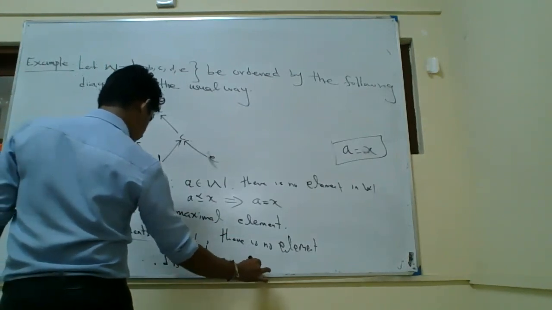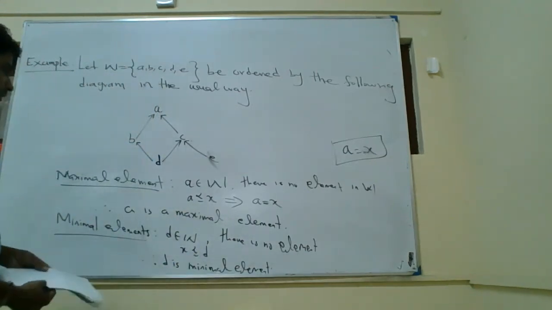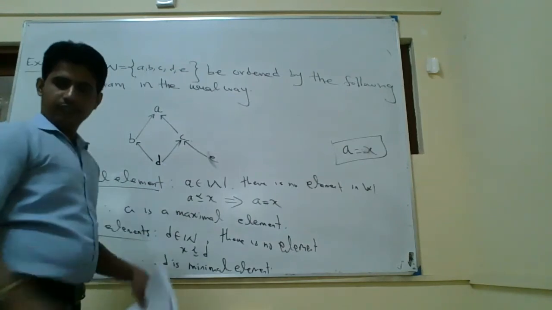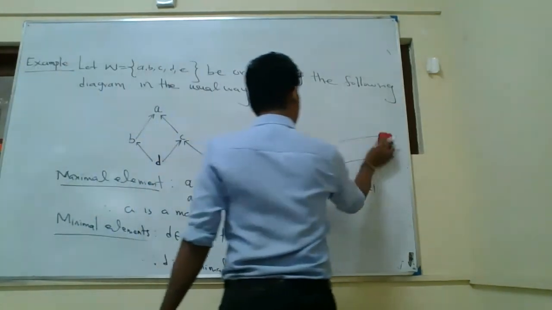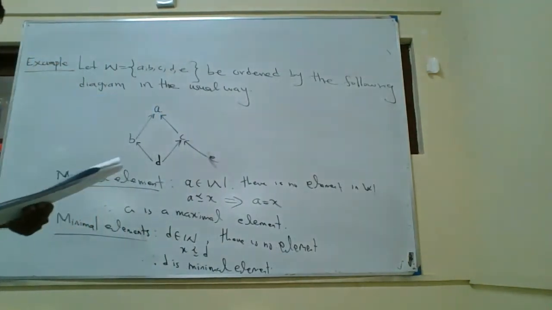What else? D is your minimal element. What about E? In the E case also, E is one of the minimal elements. Why?